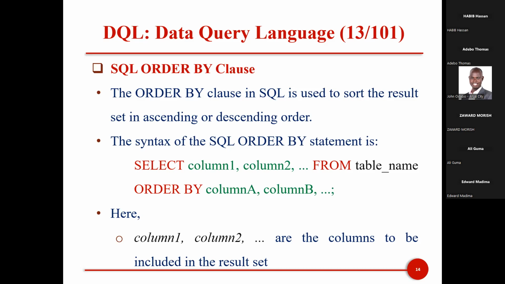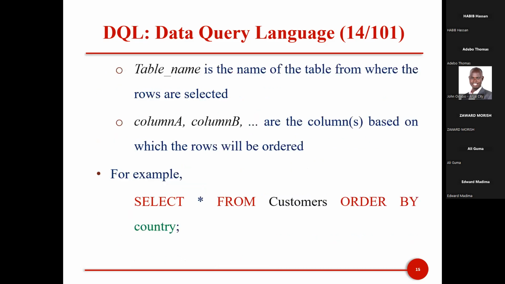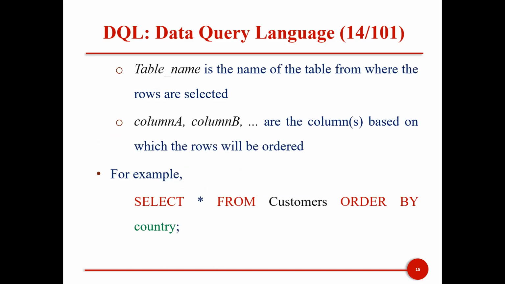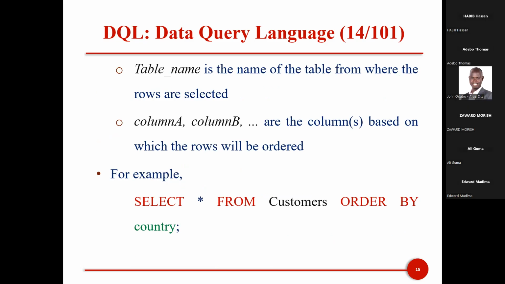Here column 1, column 2 are the columns to be included in the results. Then we have table name, which is the name of the table, and column A and so on are the columns based on which the rows will be ordered. For example, select all from customers, then order by country, which means that it will select for you all the columns in that table called customers, and then it will begin to sort people according to their country.